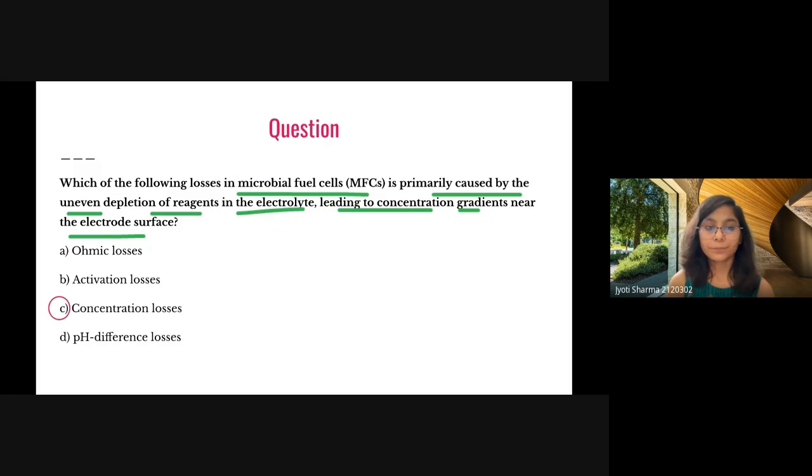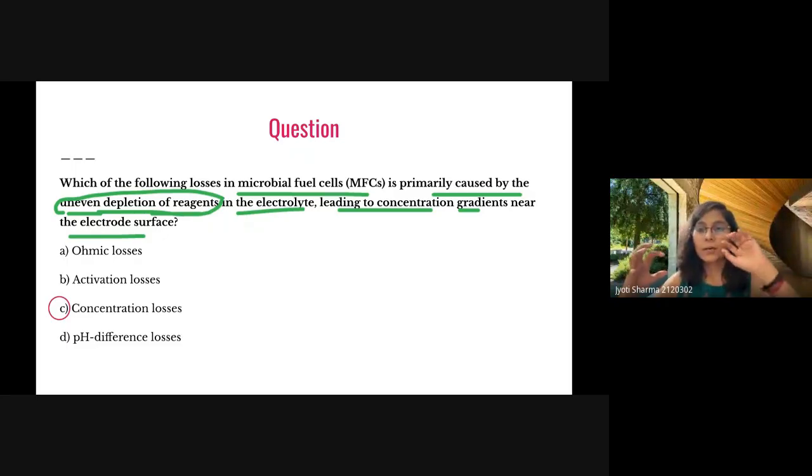Okay, so yes, C is the right answer, because here we do have a concentration gradient at some places in the electrolyte. So there is uneven depletion of the reagent. Some reagents are being consumed, and at some places the reagents are not being consumed. So there will be a difference in concentration. Where more substrate is getting consumed, it will be diluted, and where the substrate is not being utilized, it will be concentrated.